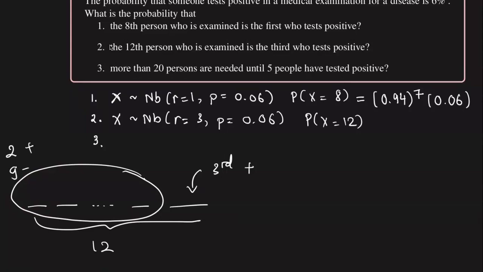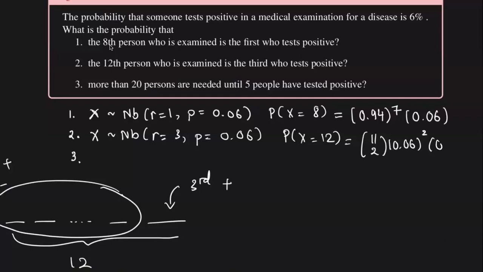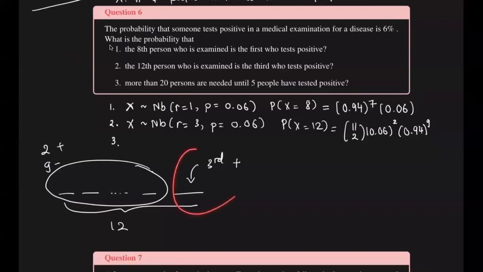But we don't know the order, we don't know which 2 people tested positive. Therefore, in the first 11 people, we choose 2 to assign positive, and then we apply the probability of being positive to them, and the probability of being negative to the remaining 9 people. And then the last person here is positive, so I apply the positive probability to them.